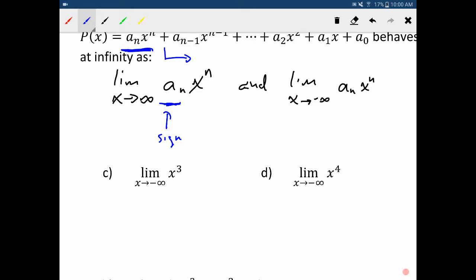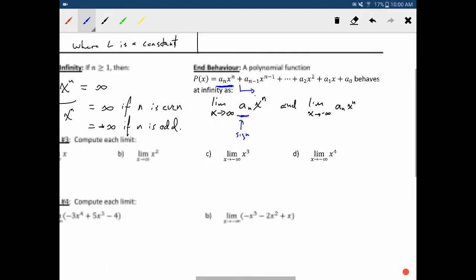However, if that value out front is negative, it will make it approach negative infinity instead. So the end behavior of 2x squared is the same as x squared. It's the same as 3x squared, the same as 4x squared. But it's not the same as negative 2x squared or negative 3x squared. All we really care about there is the sign.